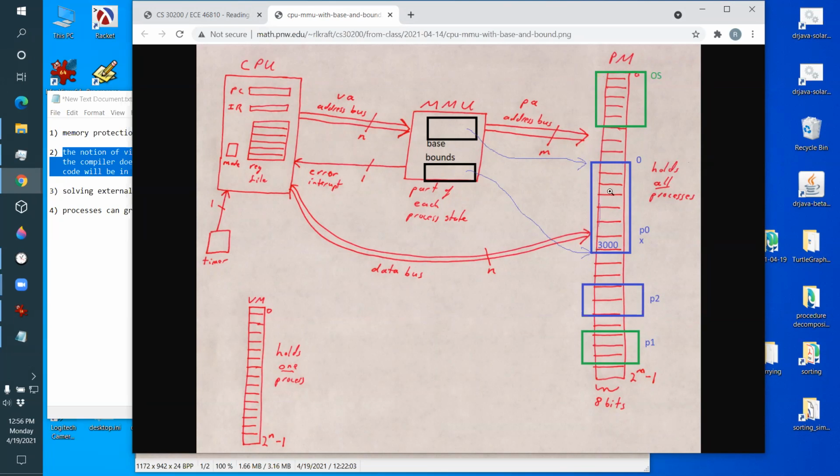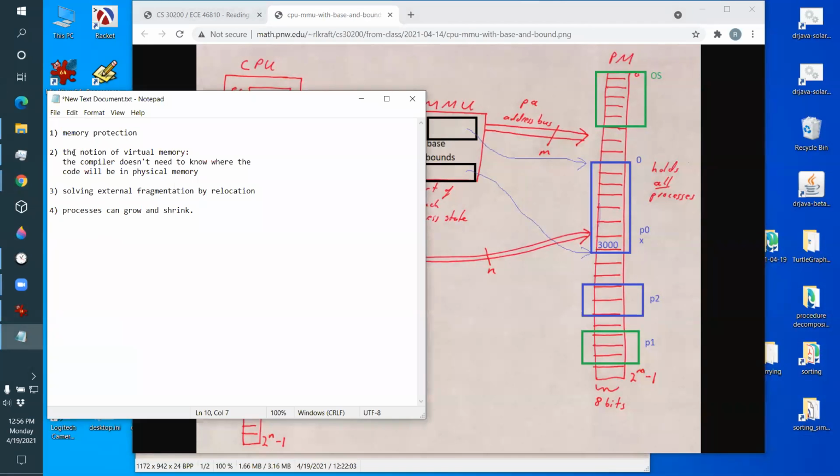Memory was divided up so that one program would run in a certain range of addresses, another program in another range, and each program had to be written for its range. That goes all the way back to the 50s. But that was not very good. You couldn't run a program on another computer, and you couldn't run a program at another memory address. So the notion of virtual memory is a pretty good advantage.